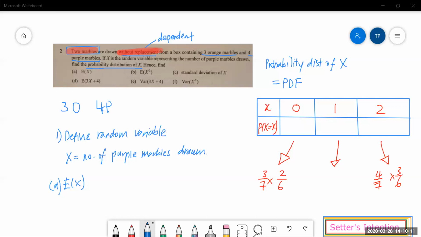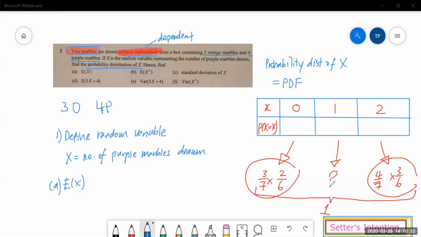So that's the reason why I want to do 0 and 2. I don't want to do 1, because I know for 1 I have to calculate more stuff. So 1 minus 1/7 minus 2/7. The whole probability here equals 1, right? So we just minus this and minus this, then we will get this.